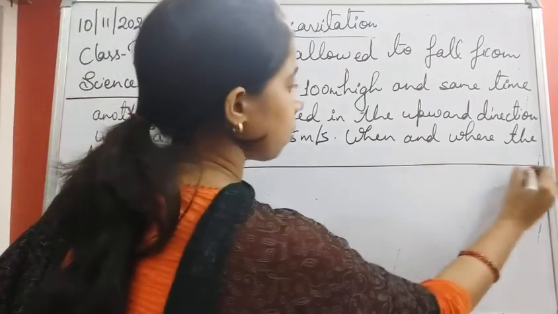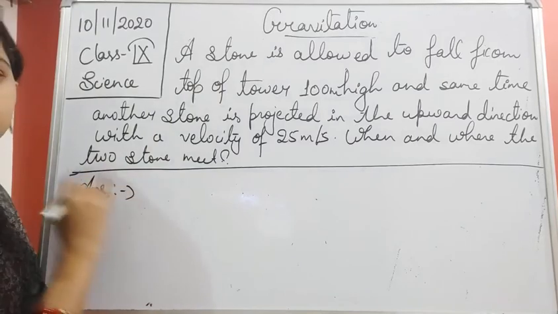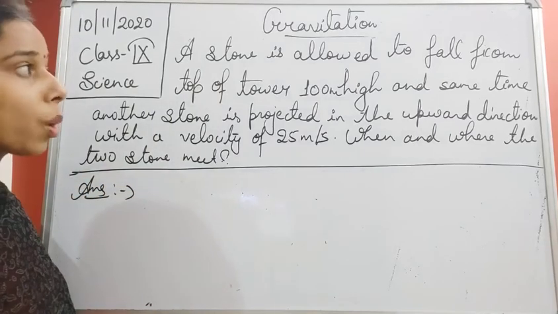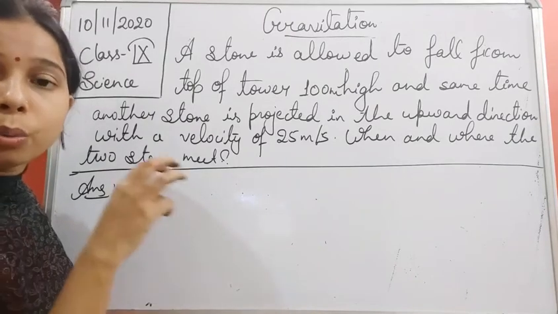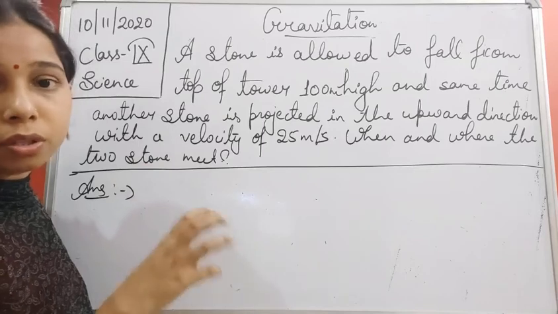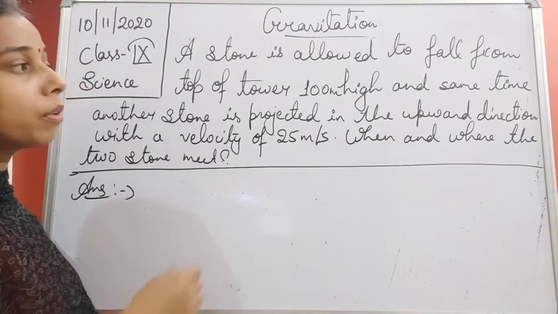So this is the question, students, and we have to write the answer of it. I'm repeating it again. A stone is allowed to fall from the top of the tower, and the tower height is given, that is 100 meters.